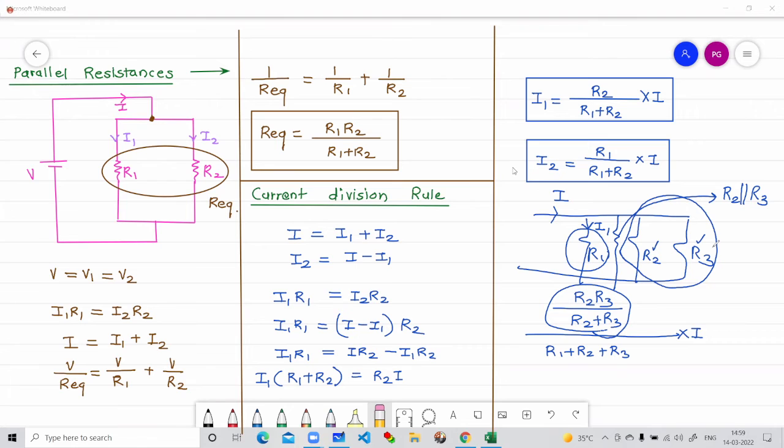Ma'am, R2 R3 upon R2 plus R3, upon R1 plus R2 R3 upon R2 plus R3. Very good, absolutely correct now.